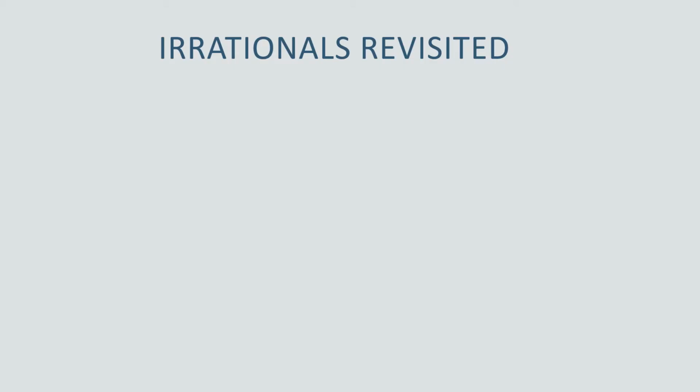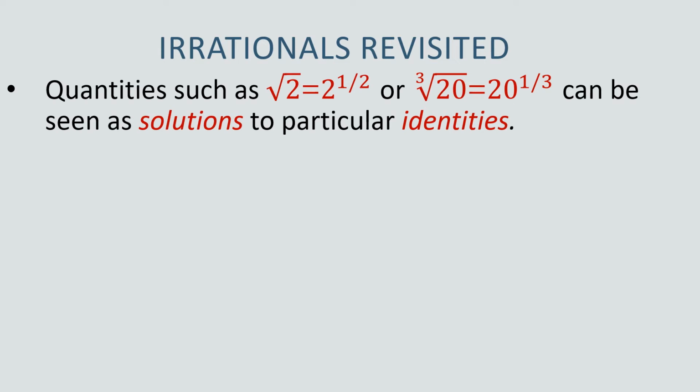So at the end of the last lecture, we saw that there are certain structures, certain numbers, which cannot be described as rational numbers. They are what are called irrational. So for example, we have quantities such as the square root of 2.